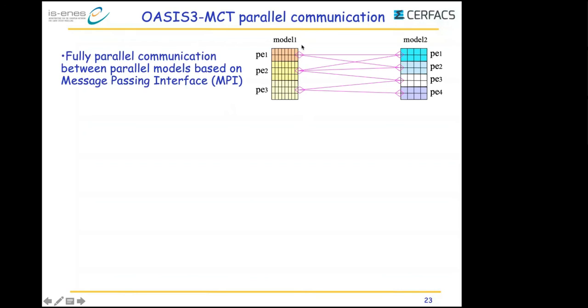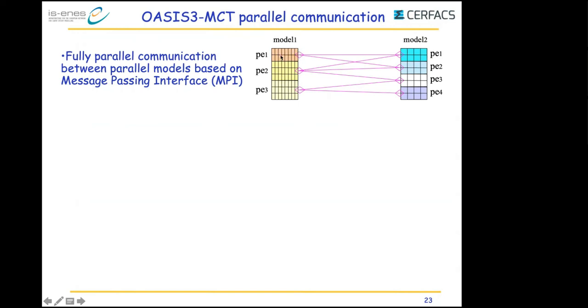So regarding the communication, how the coupling fields are exchanged in OASIS3-MCT, the exchange is fully parallel, and as I said, it uses MCT, the Model Coupling Toolkit, which uses the Message Passing Interface, MPI. Here you have an illustration of coupling exchanges between two models. Model 1 in this sketch runs on 3 processes.